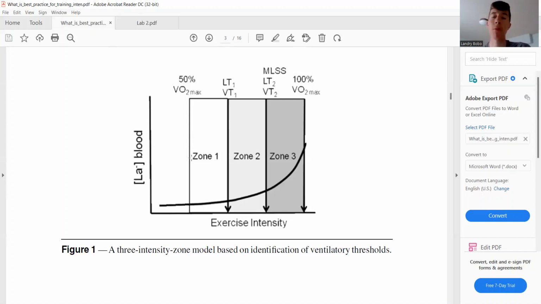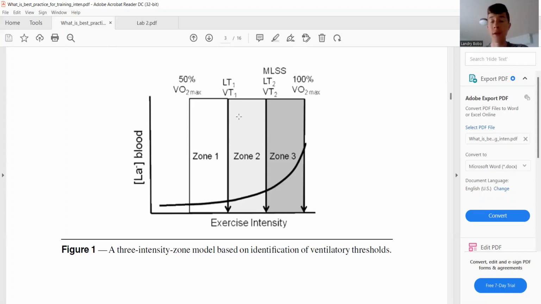But the other thing is, we haven't really seen that there's any extra benefit to riding within this zone versus zone one. So zone one is just as effective for improving your aerobic fitness as zone two is. But yet you're going to be training your body's ability to burn fat as a fuel source, and it's much less taxing.